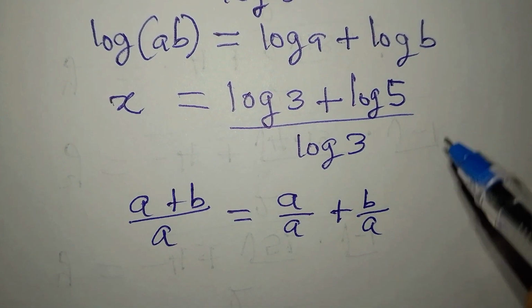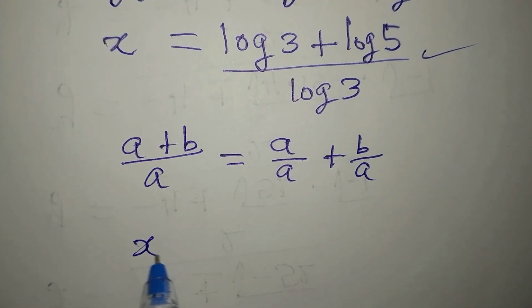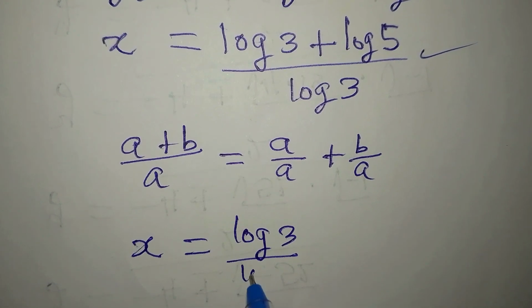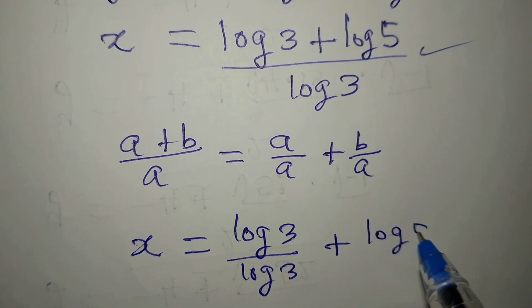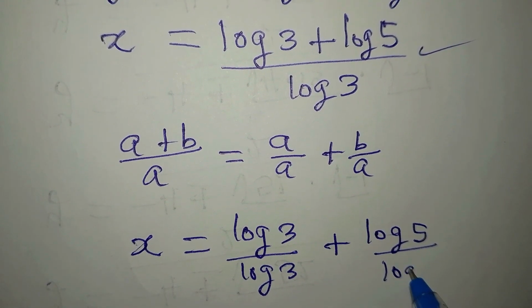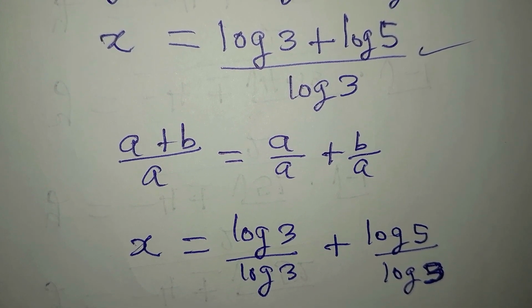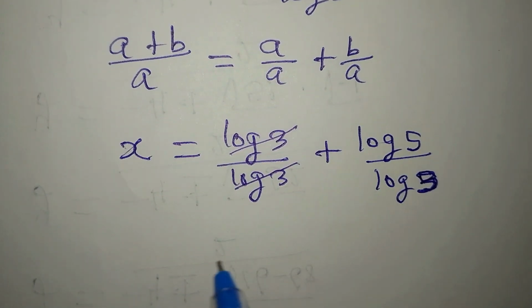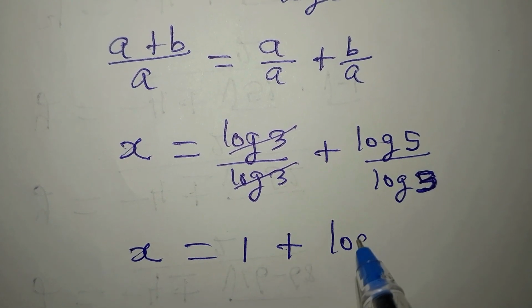Now let's apply the same thing here, meaning that our x will now be log 3 over log 3 plus log 5 over log 3, because the denominator is log 3. Now this can go there, and if it does, our x will now be 1 plus log 5 over log 3.